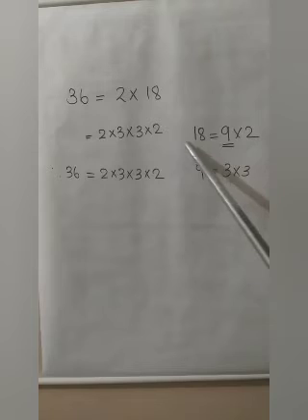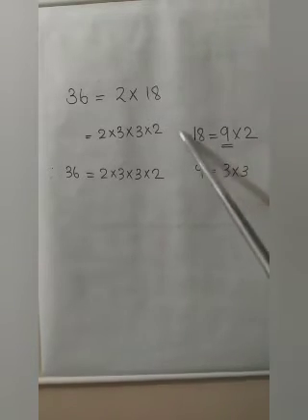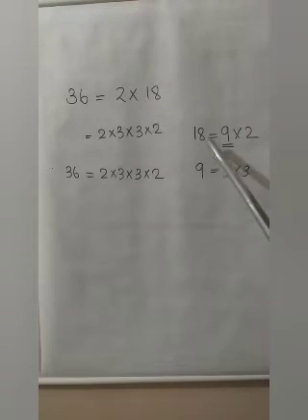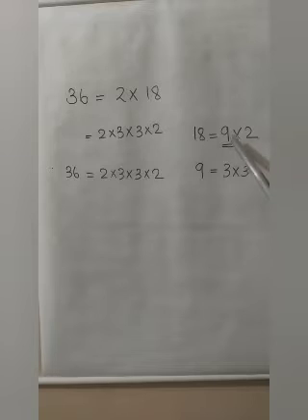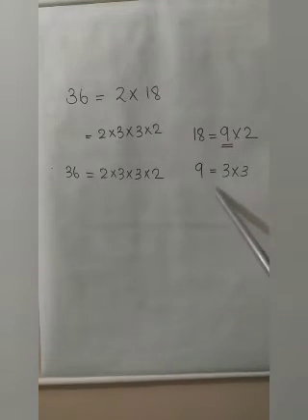So I go for the factors of 18. I converted 18 as 9 into 2. Is my step over? No. Why? This 9 is not prime. It is again a composite. So we need to change this 9. How can I write 9?